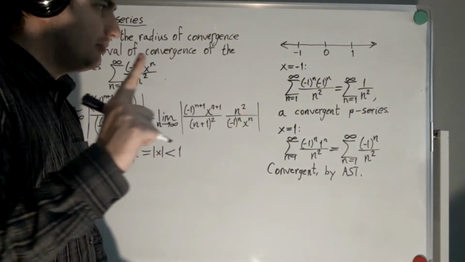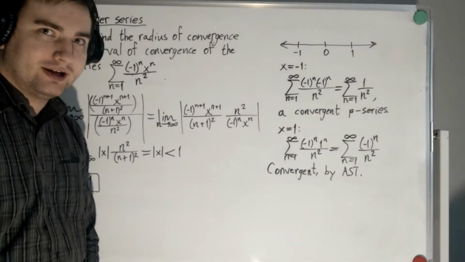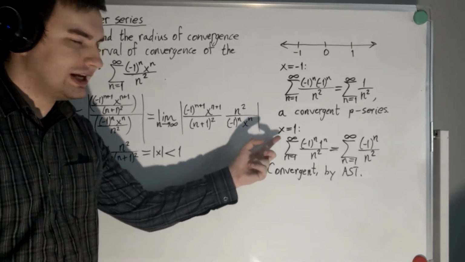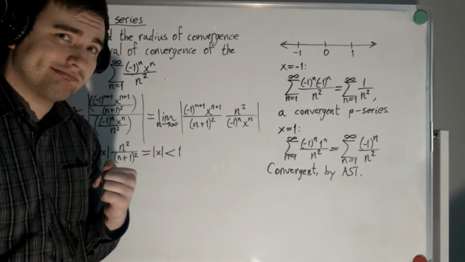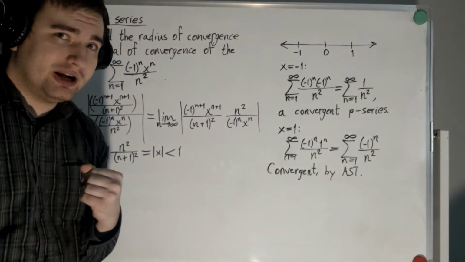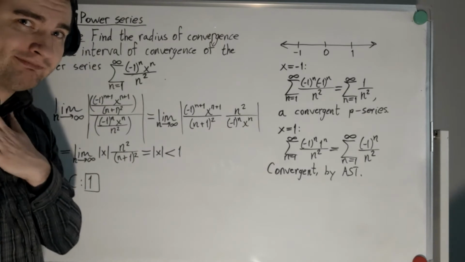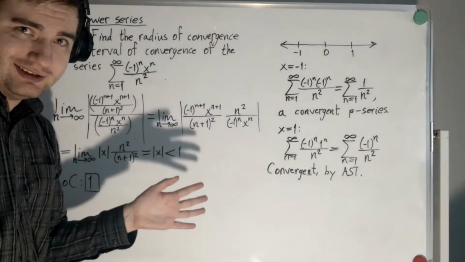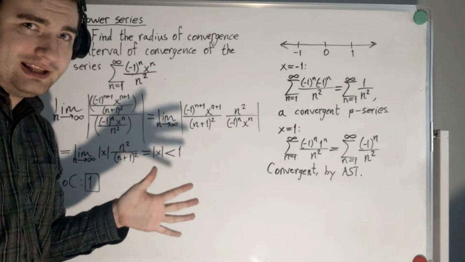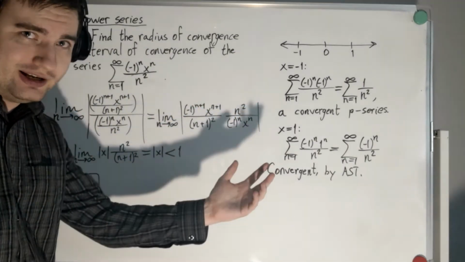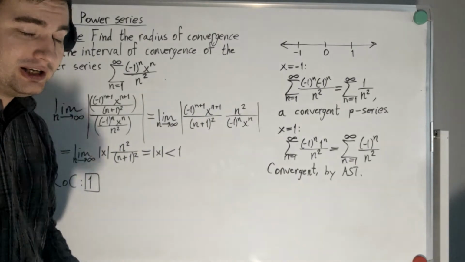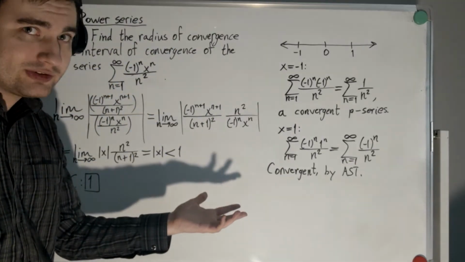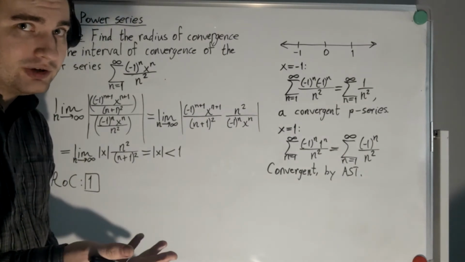Although this brings up an important point. It's absolutely convergent at x equals 1, but the ratio test did not tell us that. So what this means is that when you're at the endpoints of the interval of convergence, you might get divergence, you might get absolute convergence, or you might get conditional convergence.